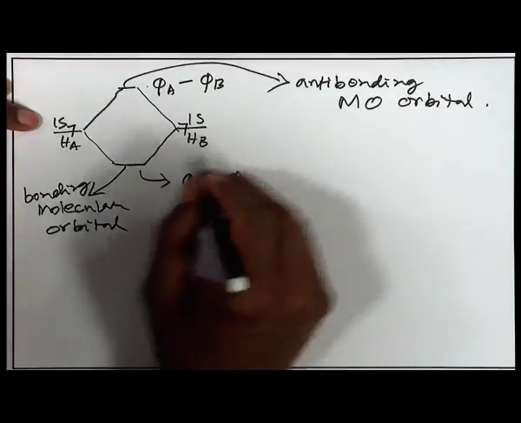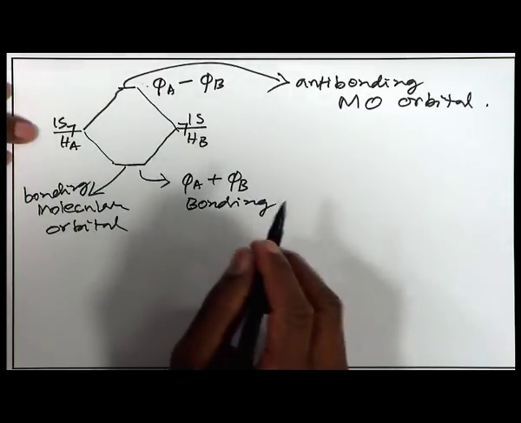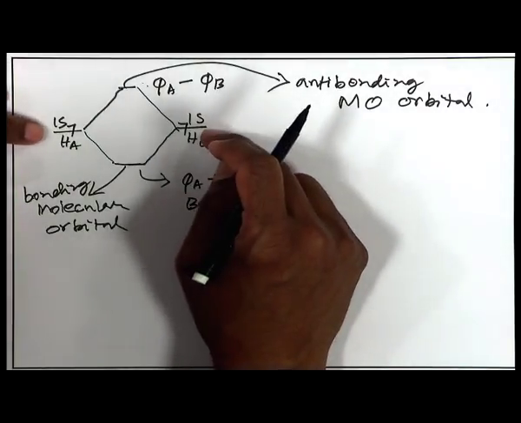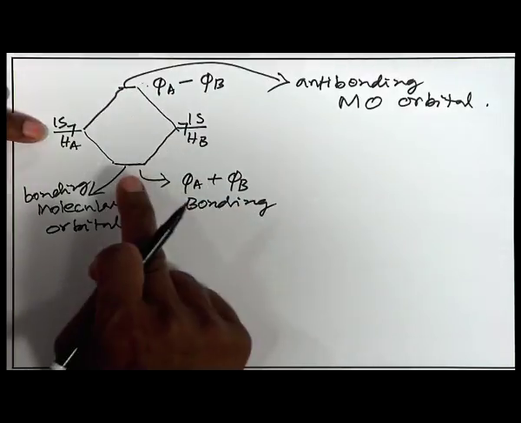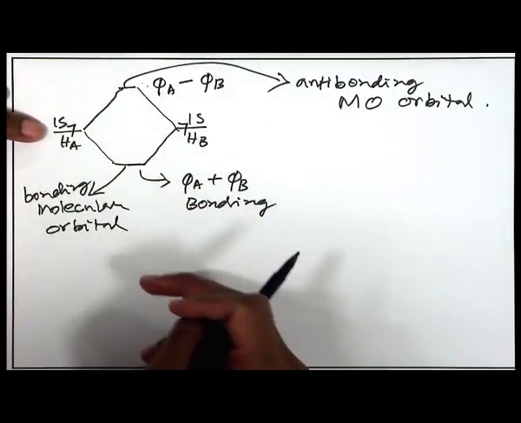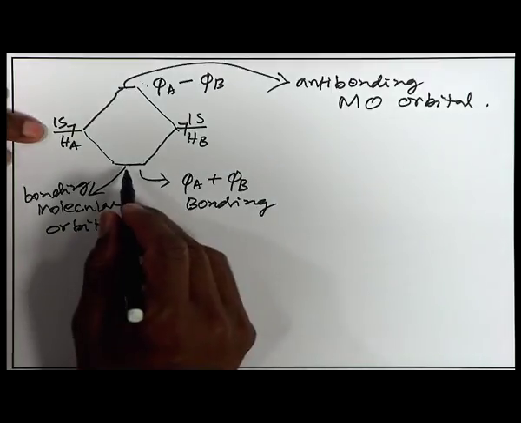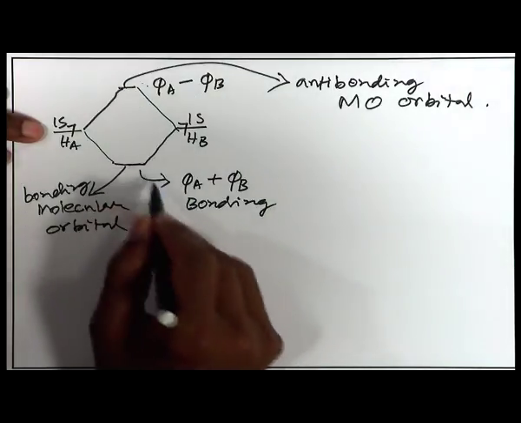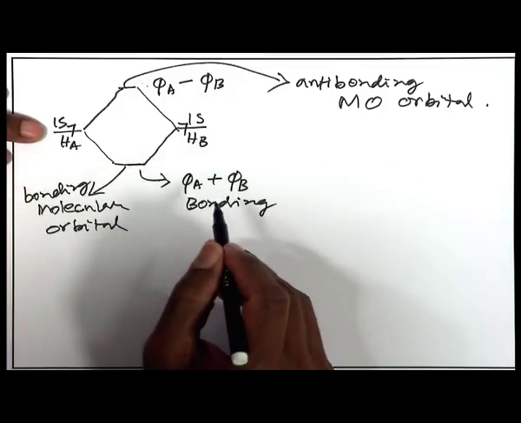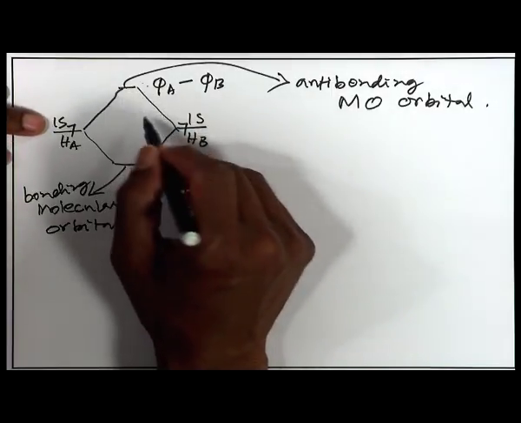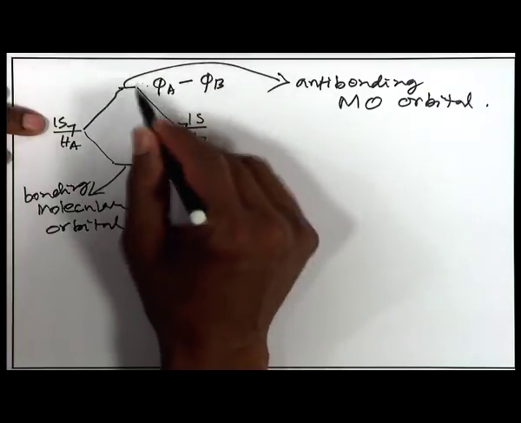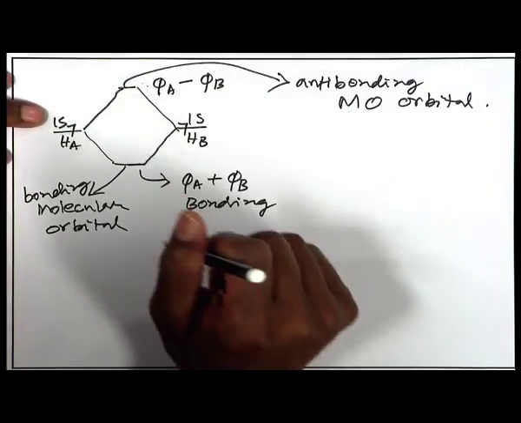That is higher in energy compared to this one. Now, you can see here 2 atomic orbitals are combined to give 2 molecular orbitals. One is lower in energy, another one is higher in energy. The lower one is described by this combination of wave functions. The higher energy orbital is described by this type of combination of atomic orbitals.